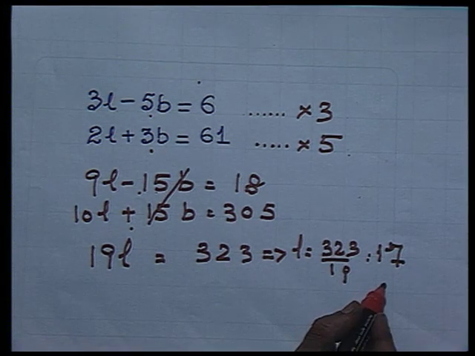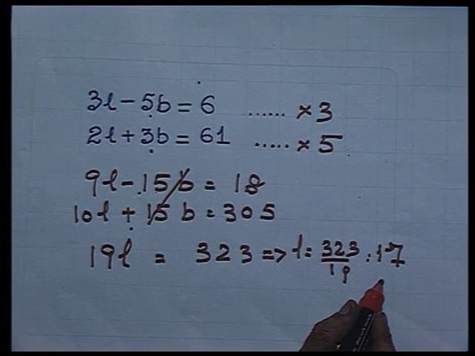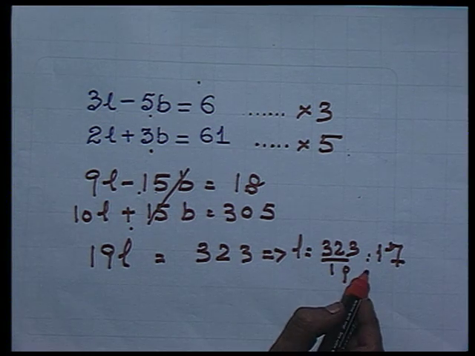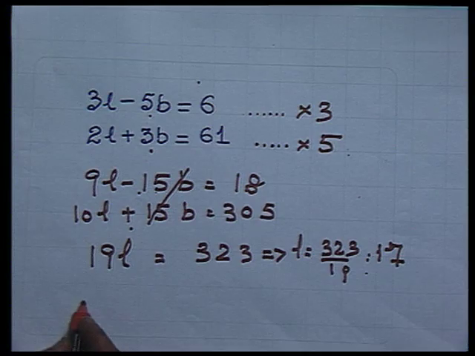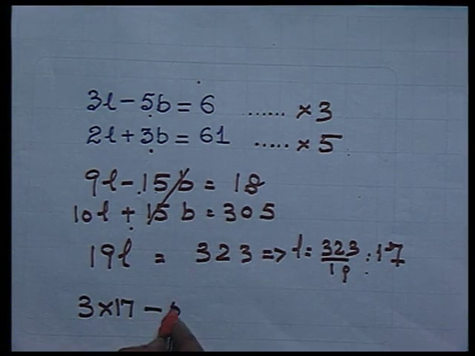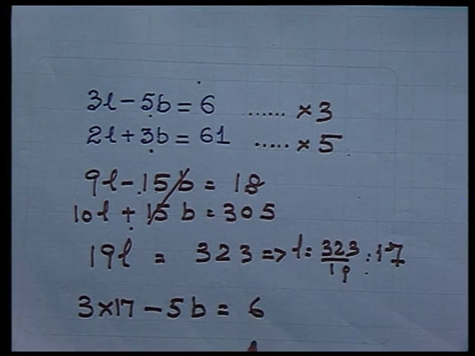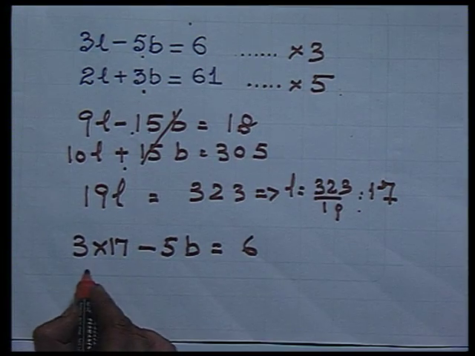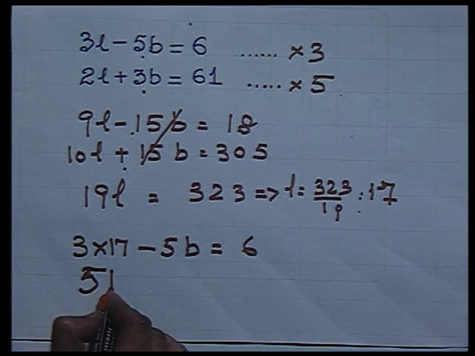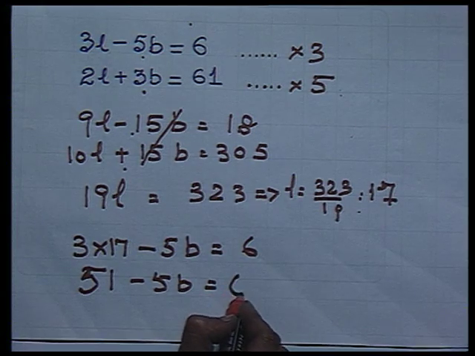So, having got the value of length, which was one unknown, I have to get the value of the other variable, and for that what do we do? I put the value of L in one of the equations. So, 3 times 17 minus 5B equals 6, and that gives me 3L as 51, minus 5B equals 6.